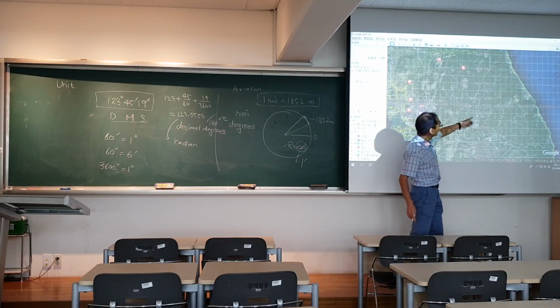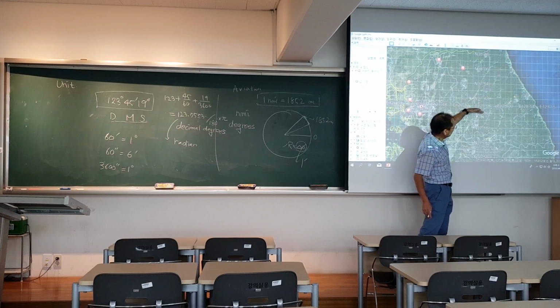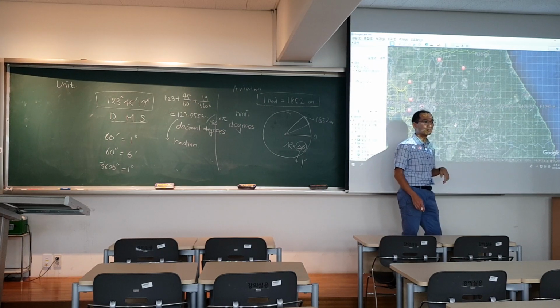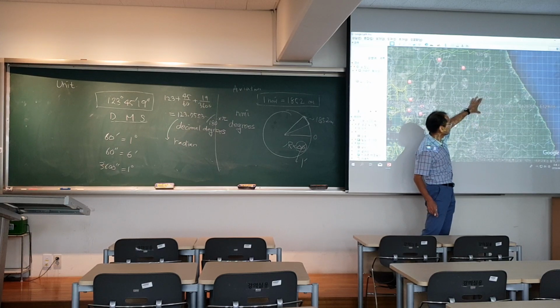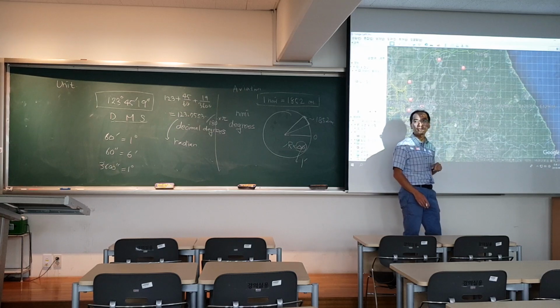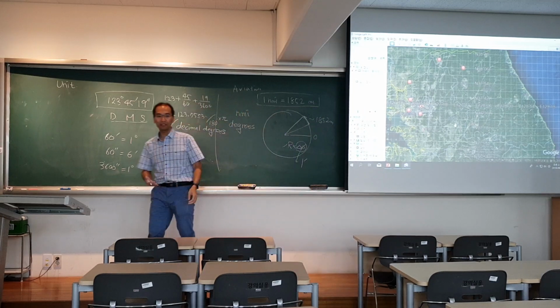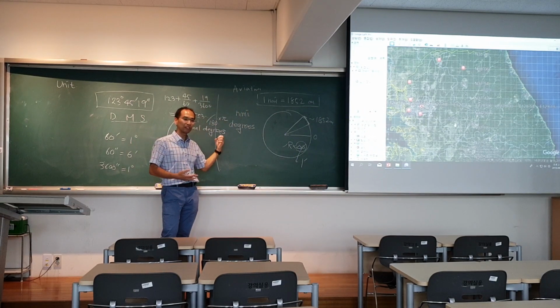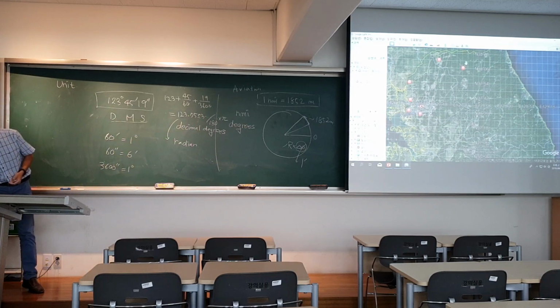So here, 37 degrees 30 minutes, 37 degrees 42 minutes. From here to here, there's a 12-minute difference. And then you can very quickly see the distance here is just 12 nautical miles. So with the DMS format of the angles and the nautical mile unit of distance, it's very easy to go back and forth. That's why it's used.